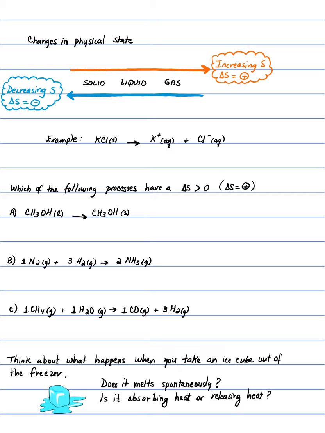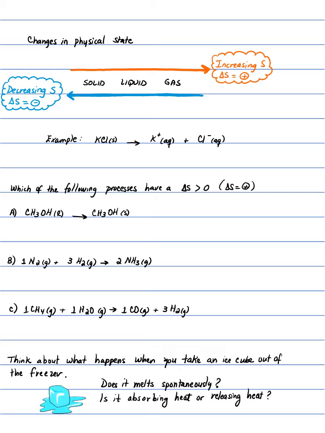So when the physical changes are happening, moving from left to right, from solid to gas, the entropy is increasing because your state is becoming more disorganized. The higher the disorganization, the more randomness, the bigger that entropy value.